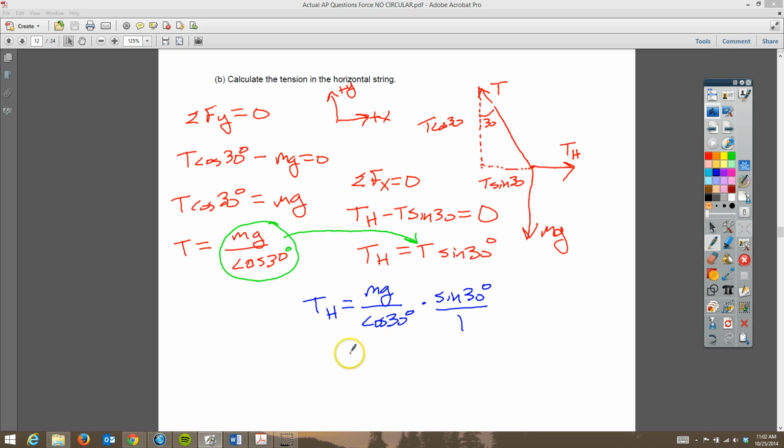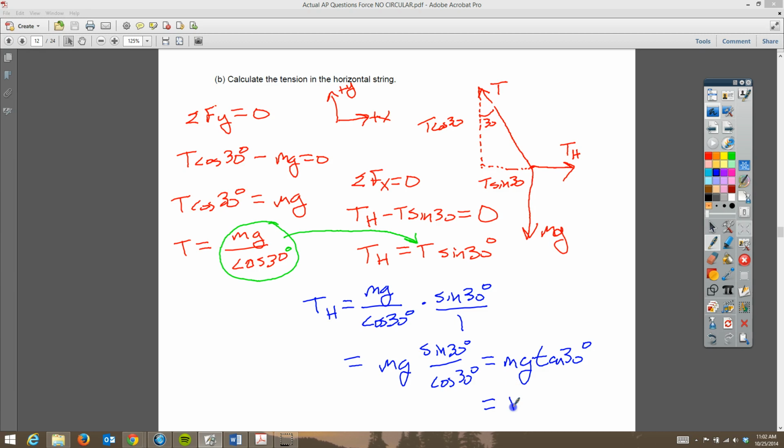So really what that gives us in the end is mg times the sine of 30 degrees over the cosine of 30 degrees. And if we remember correctly, we know sine over cosine is tangent, so that's mg times the tangent of 30 degrees.